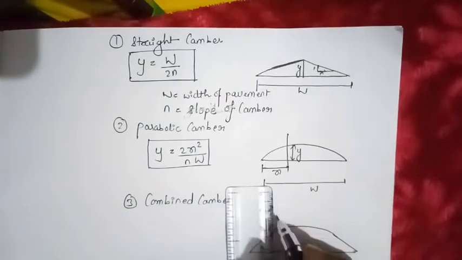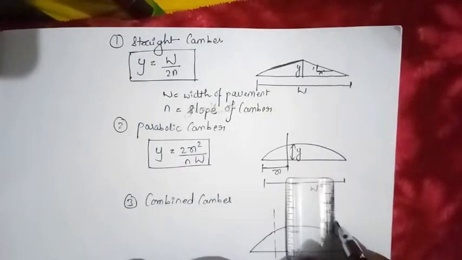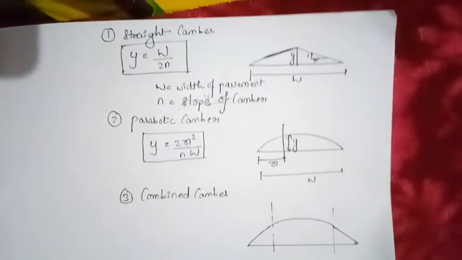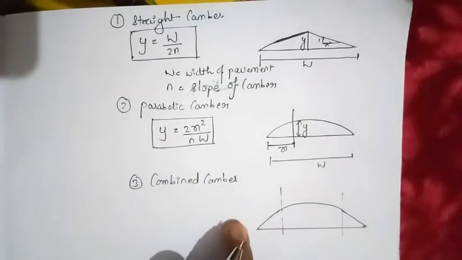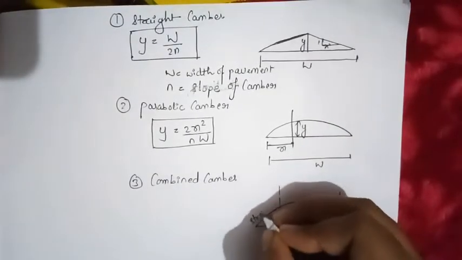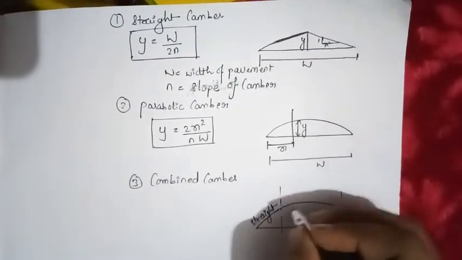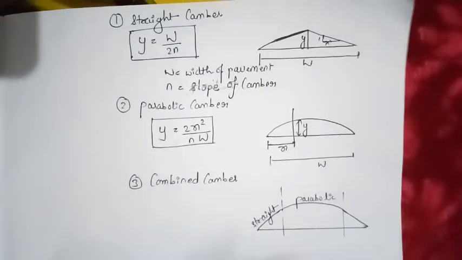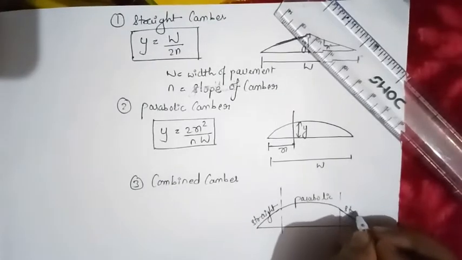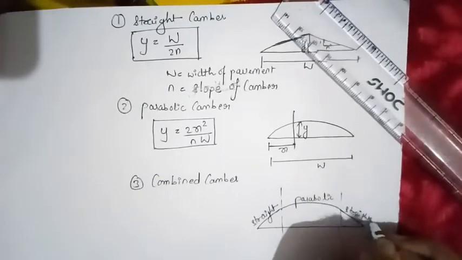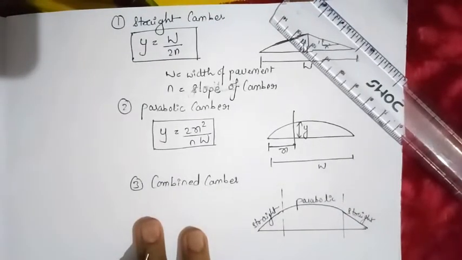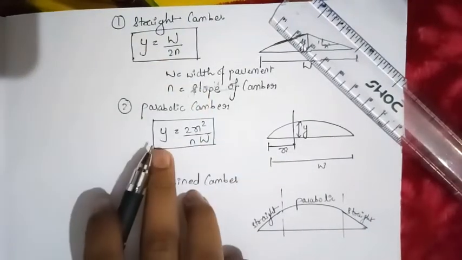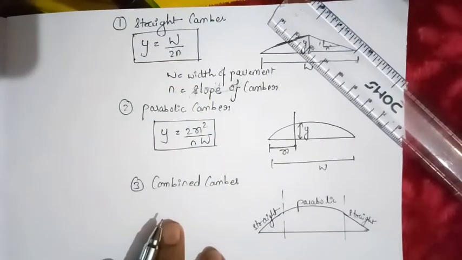So this is the combination of a straight camber and the parabolic camber. Here it is straight, it changes to parabolic at the central position, and it again changes to straight at the other end.